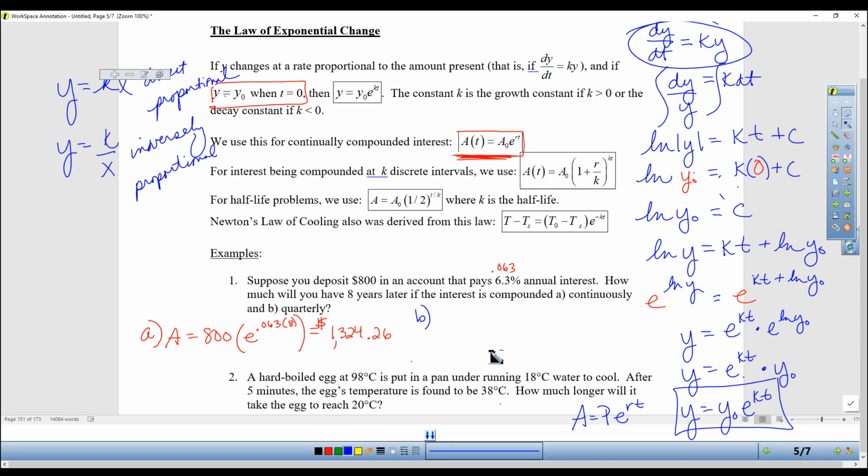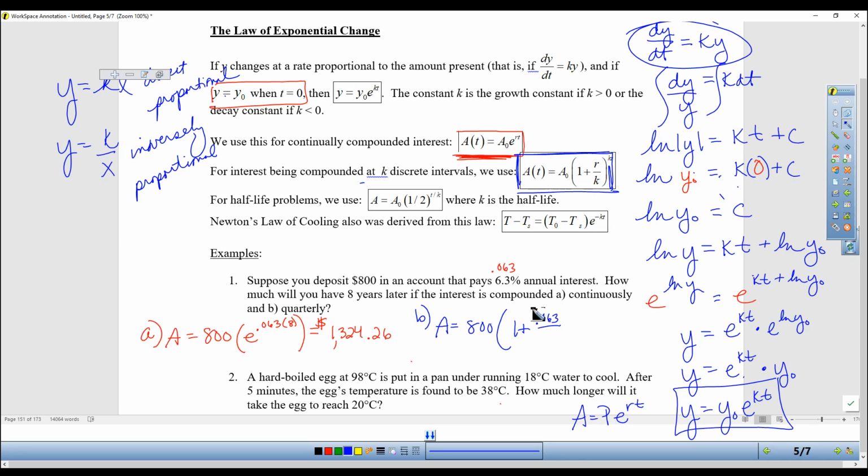For part B, what if it's compounded quarterly? That's when you need this formula. This is when interest is being compounded at k discrete intervals. So the amount that you'll have after time t is 800. That's your amount original, that little 0. Think of it as amount original. Times 1 plus, again, r is for rate, over k.